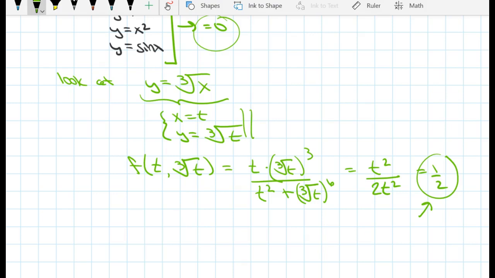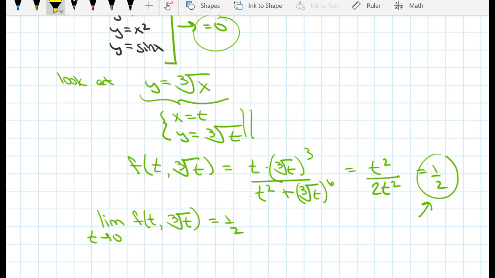Now we know the limit of f of t, comma, cube root of t as t approaches 0. I simplified it, but we clearly see that this limit equals 1/2.